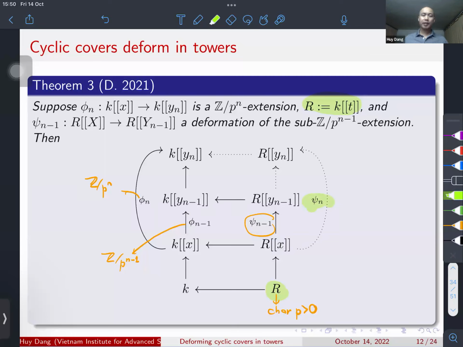Again, the picture is, given a tower of extensions, and if you have a sub-extension and a deformation of the sub-extension, then you can always extend your deformation to one for the whole tower. That's what we want.